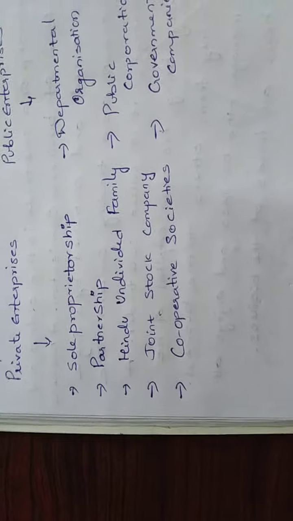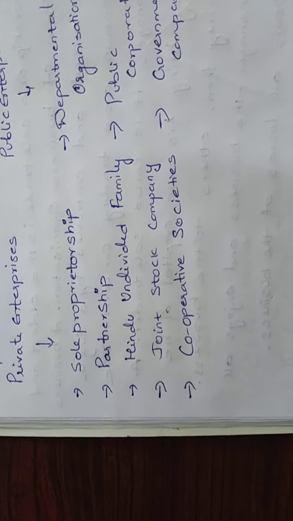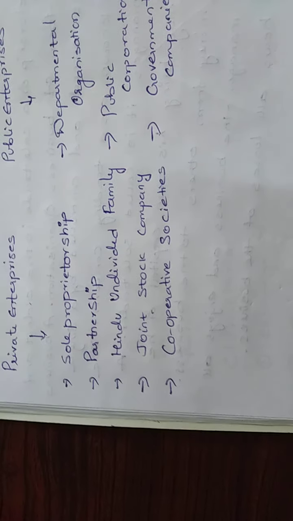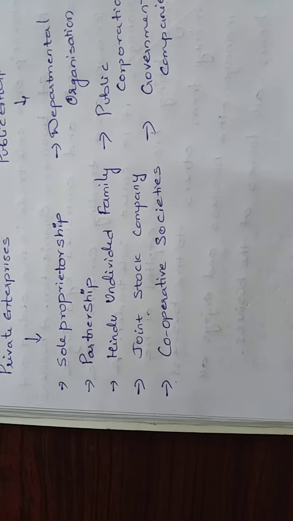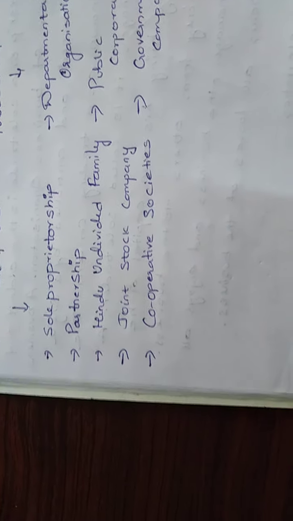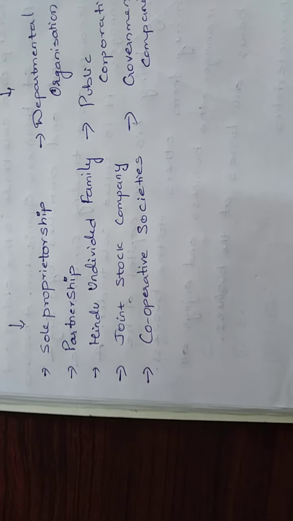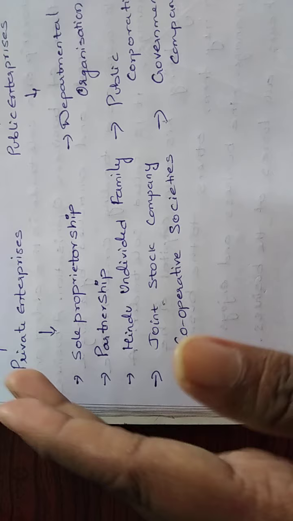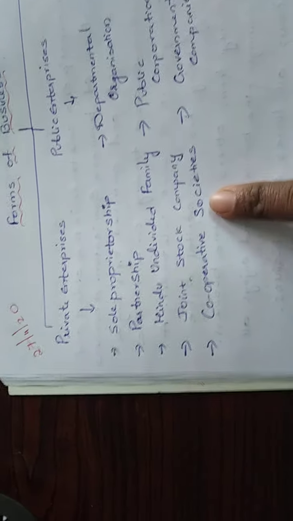Finally, we can say a joint stock company is an artificial, long-term company, a large-scale business. The persons who take shares can transfer them, and the liability is also limited. That is a joint stock company. Again, for each topic we have a separate chapter; here I will explain briefly.